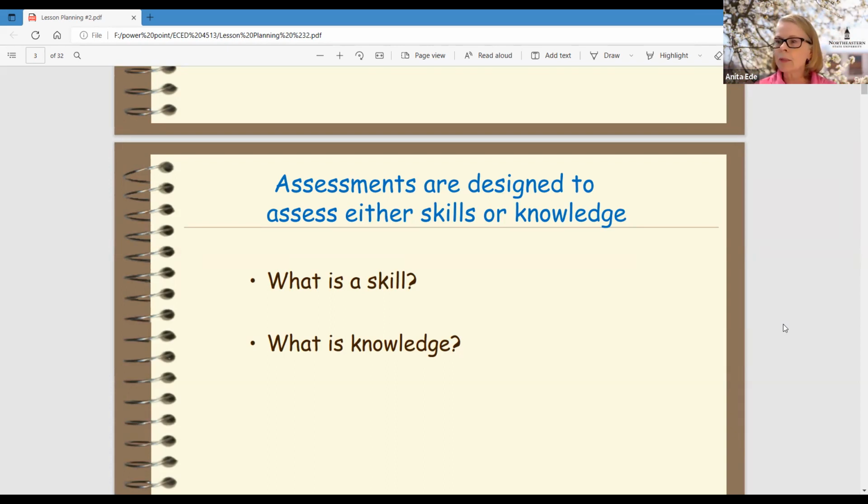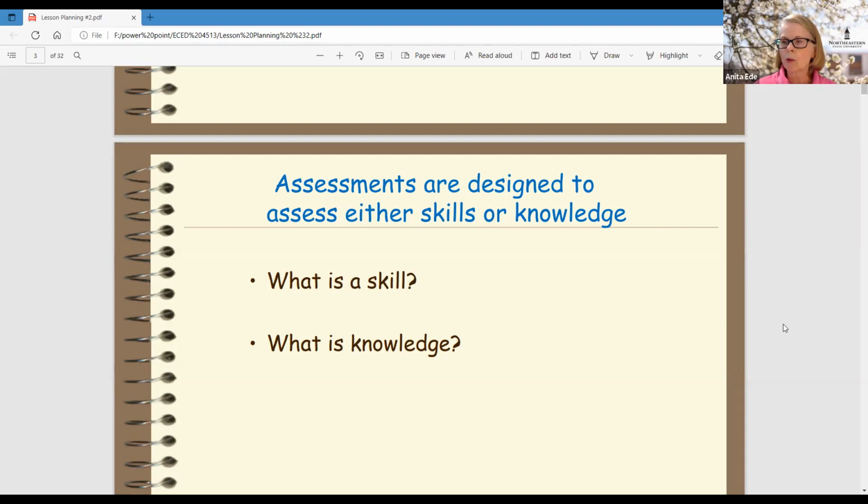You can assess many different kinds of skills. Can Johnny write his name? That's a skill. Check yes or no. You can assess whether or not they can recite their ABCs or identify the letters out of context. That's a skill.